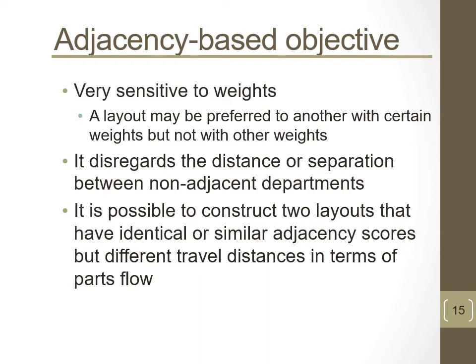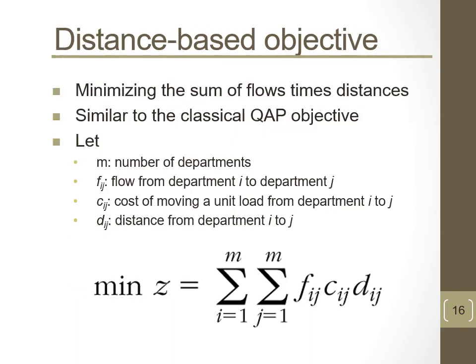But when you consider the total travel, which is very important, then one of them will be better than the other one. So adjacency-based scoring does not consider this, but still it's very helpful, and some algorithms use adjacency-based scoring for evaluating the alternative layout. The second method that we can use instead of adjacency-based scoring is the distance-based scoring.